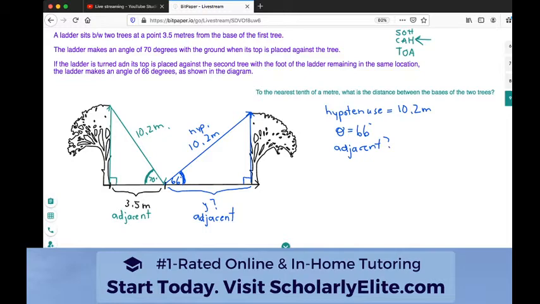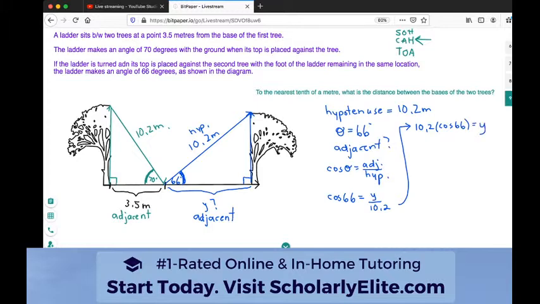Again, we're going to be using cosine, because cosine of theta is equal to adjacent over hypotenuse, except in this scenario, we just won't know what the adjacent is. Alrighty, so let's plug in our numbers. We've got cosine of 66 is equal to some unknown variable y, because we don't know the adjacent side length, divided by 10.2. Then all we need to do is multiply up: 10.2 times cos of 66.